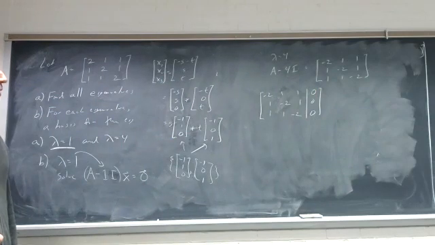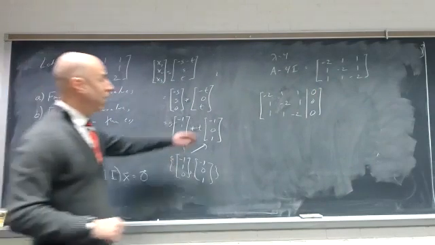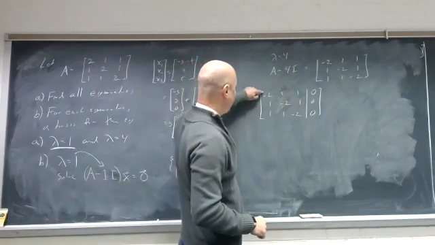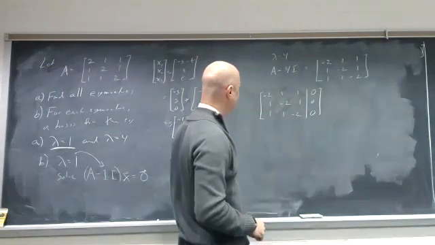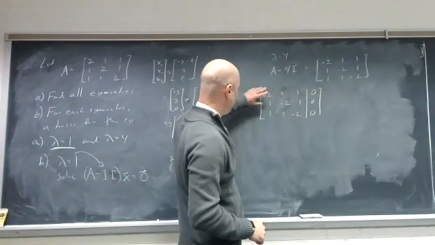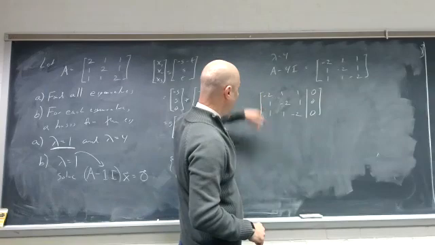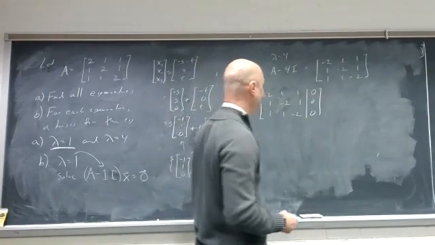There's a variety of ways you could solve that. I want a 1 in the upper left-hand corner. I could either multiply the first row by minus 1/2, or I could switch 2 rows. I think I'm going to switch 2 rows.